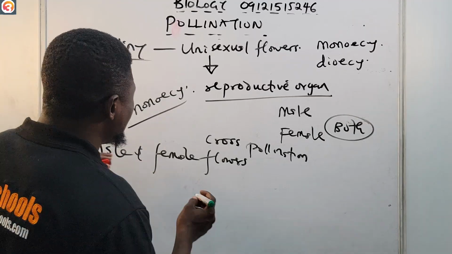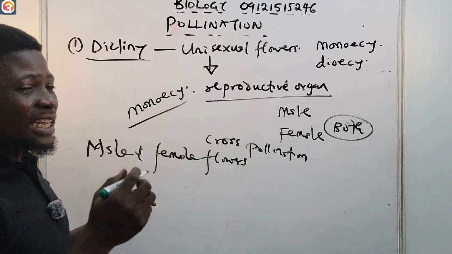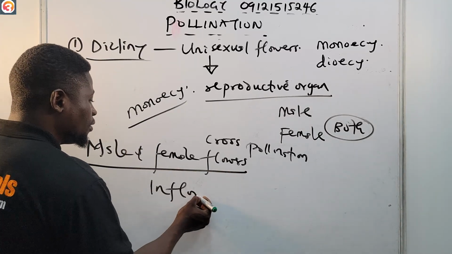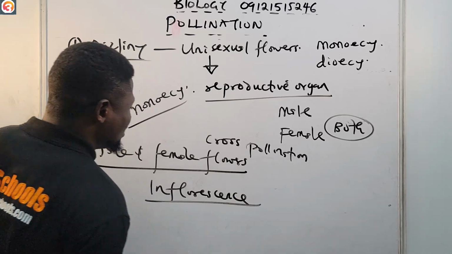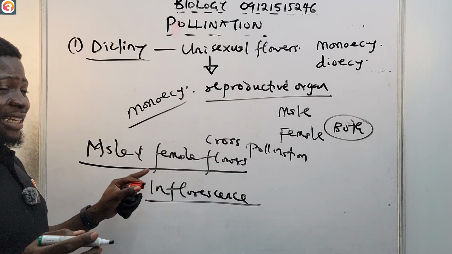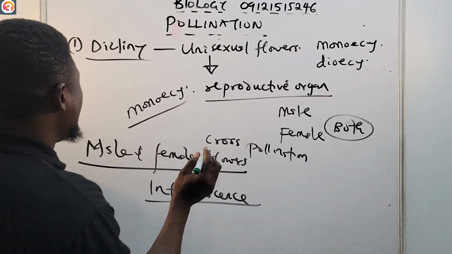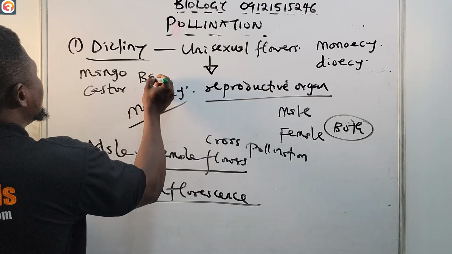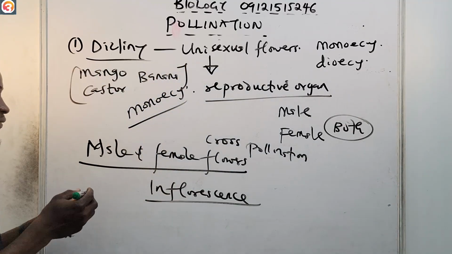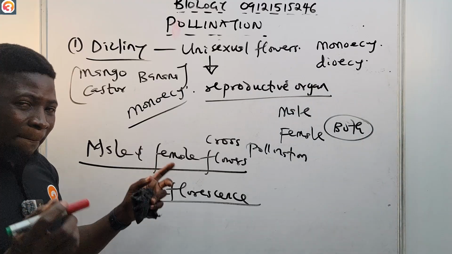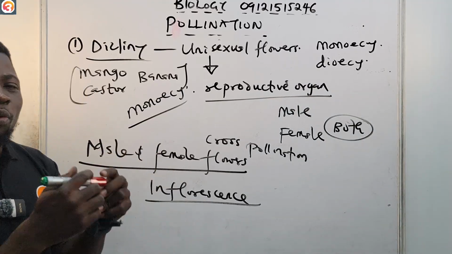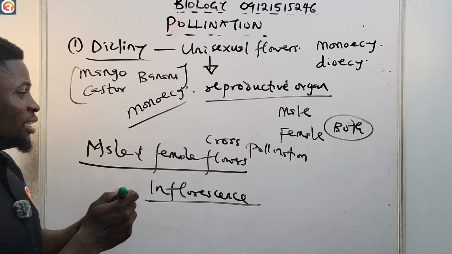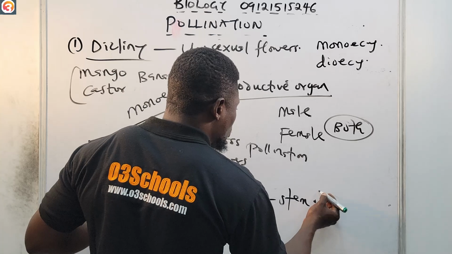Now, in some crops, the male and the female flowers are present in the same inflorescence. Examples of crops that have this kind of behavior are mango, castor, and even banana. By inflorescence, we mean the arrangement of a group of flowers on a stem or on the branch of a plant.